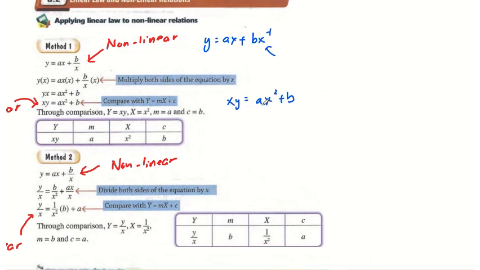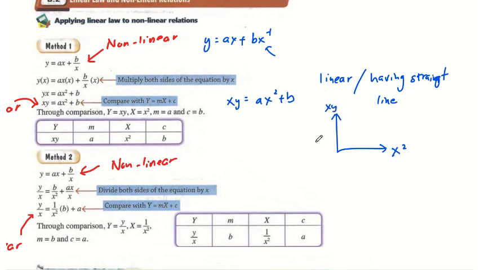The power of x here is 2, but it is considered linear, having a straight line in our graph if we use x squared on the x-axis and xy on the y-axis.